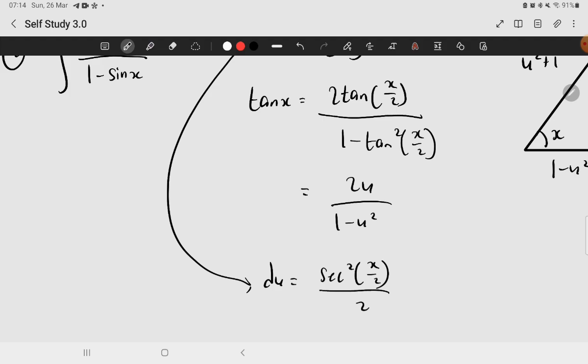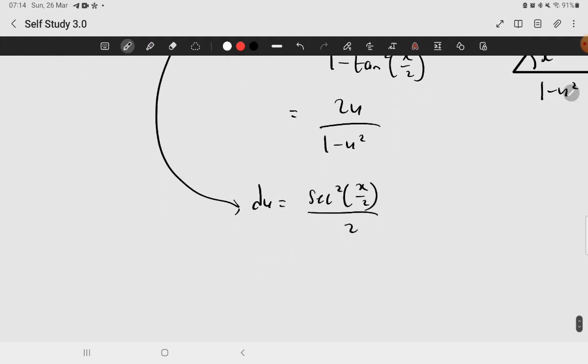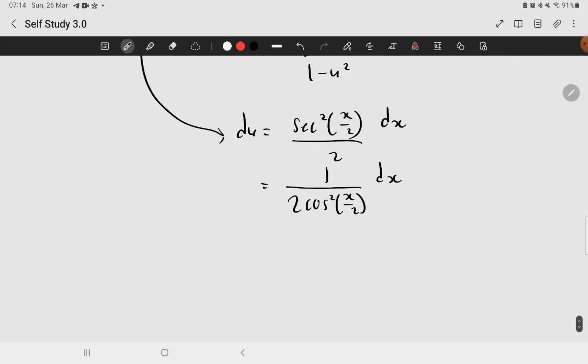Now the idea is that we do know the identities of trig, and we could express it in those terms. Therefore, we could evaluate this as 1 over 2 cosine squared of x over 2. And now, if you recall for cosine of x, we could express it with half angles, which is 2 cosine squared of x over 2 minus 1.